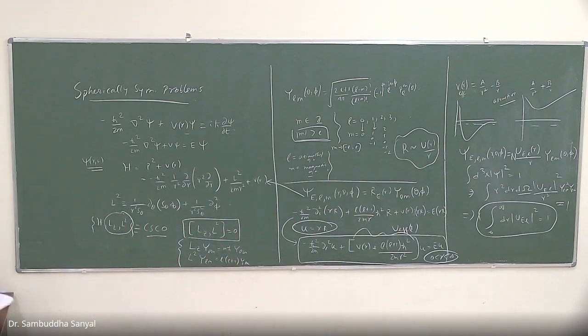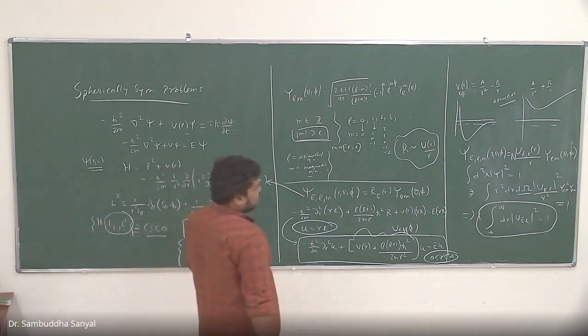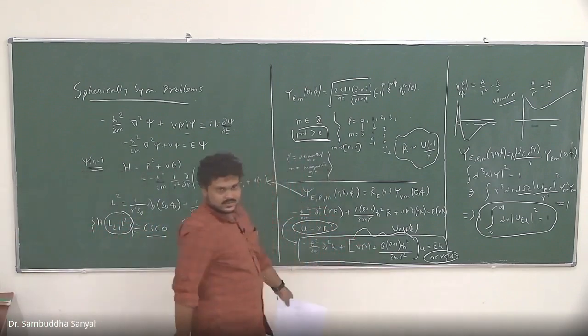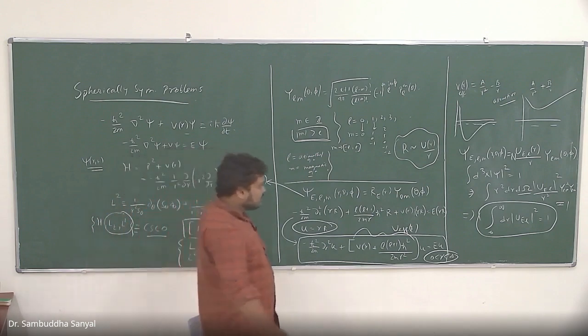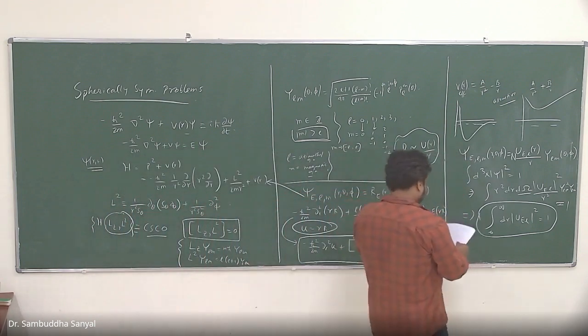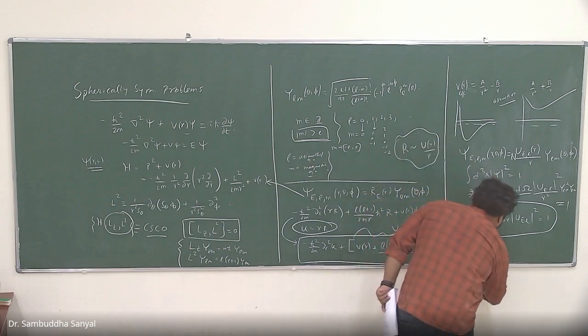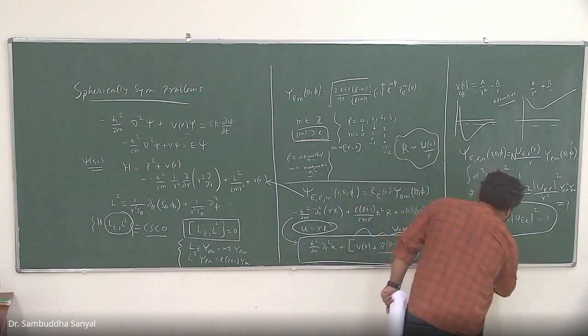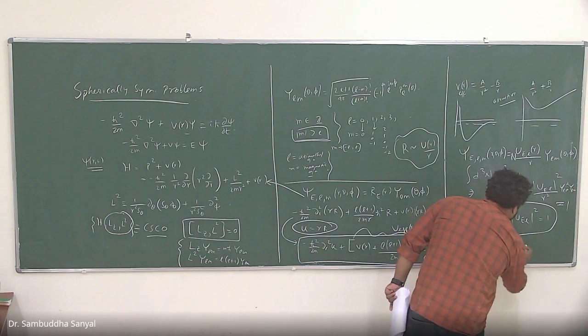There are two more things, that is boundary conditions. Since it's a second order differential equation, you need boundary conditions. So one boundary condition is obvious. That is basically the limit r going to 0, u(r) is 0.